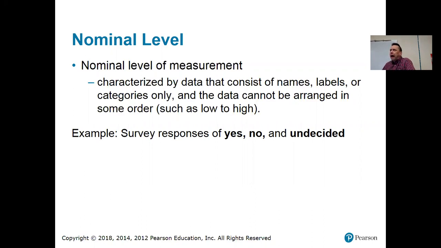Biology, chemistry, psychology, education, those are all perfectly good majors, but there's no meaningful way to put them in order, except alphabetical, which is not meaningful. Now, numbers can be nominal. The sports jerseys, the phone numbers, the TV channel numbers, those things are all nominal.